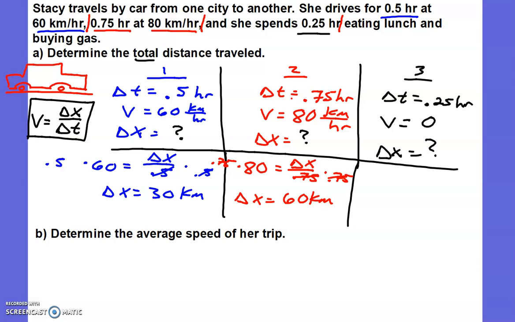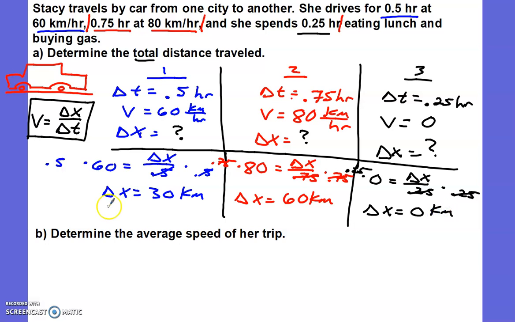For the last part of the trip, my v is 0, my x is unknown, so I'll leave that as an x, and my t is 0.25. I multiply each side by 0.25. Here they cancel out, and I get that my x is 0. She has not moved in that third part of the trip.